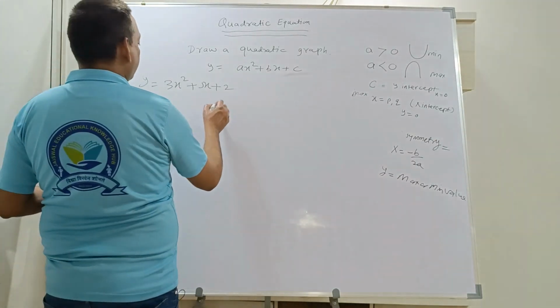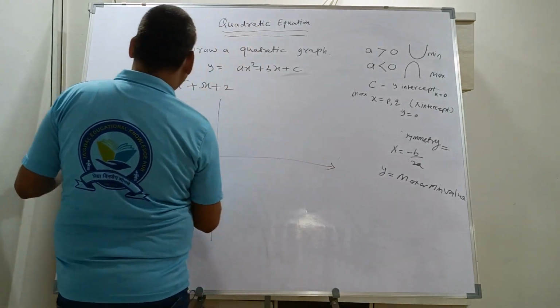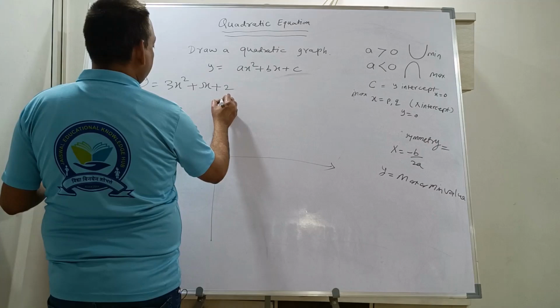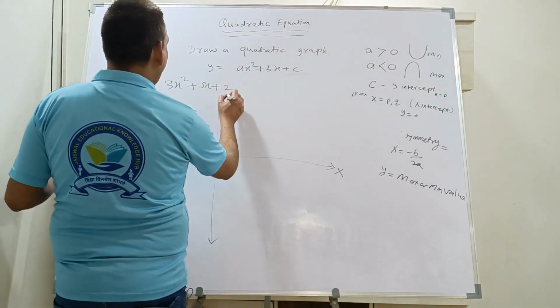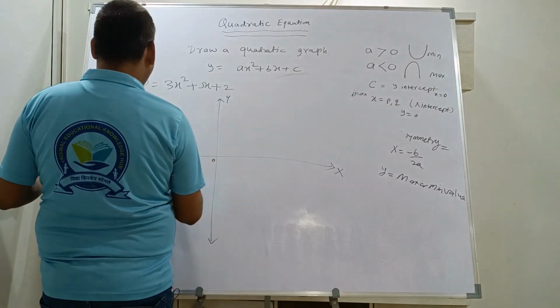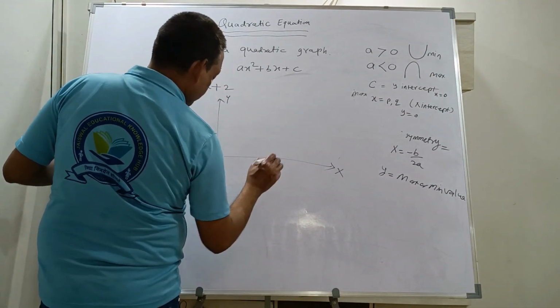Okay, if they ask you to sketch the graph, the first thing we have to do is draw the x and the y axis. So this is the x axis, this is the y axis, this is the origin O, and if you want you can write down this is the x dash and this is the y dash.